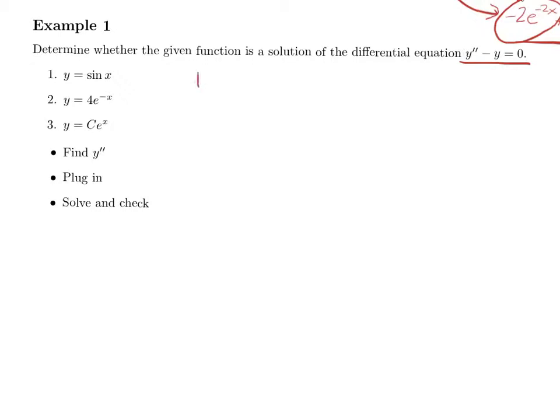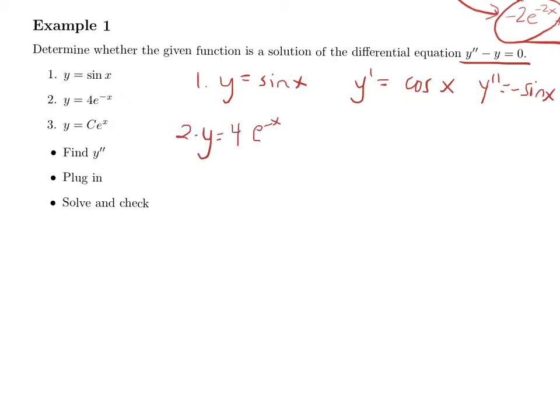For 1, y equals sine x. What's the derivative? Cosine x. What's the second derivative? Negative sine x. Good. All right, for number 2, y equals 4e to the negative x. What is y prime? Negative 4e to the negative x. And what is the second derivative?